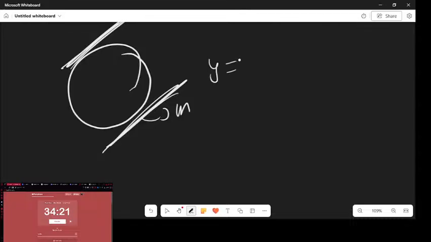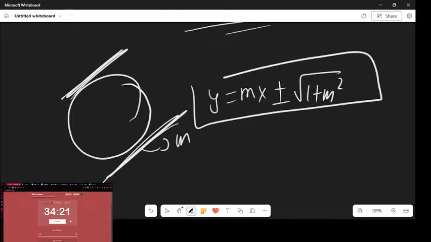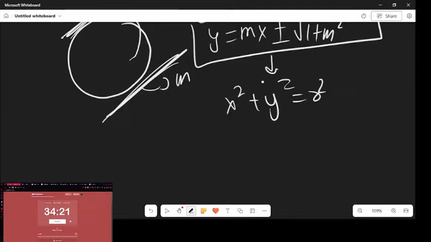That would be y is equal to mx plus or minus r under root of 1 plus m square. This equation of the tangent is calculated by substituting y is equal to mx plus c in x square plus y square is equal to r square.